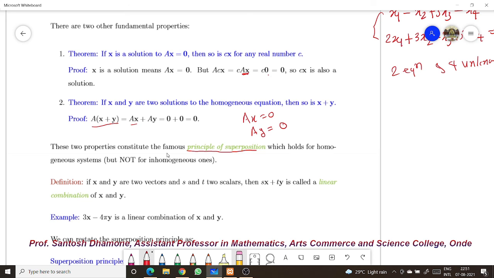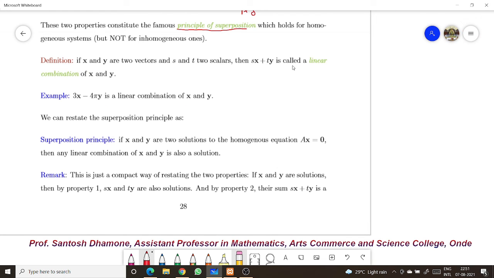Definition: if x and y are two vectors and s and t are two scalars, then sx plus ty is called a linear combination of the vectors x and y.